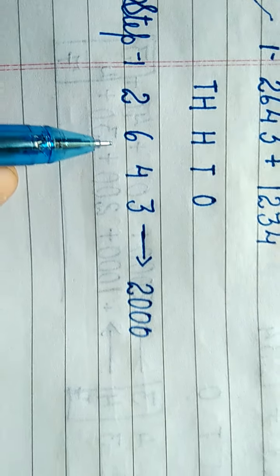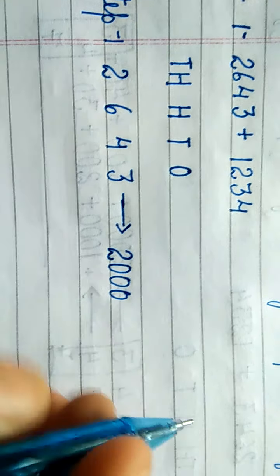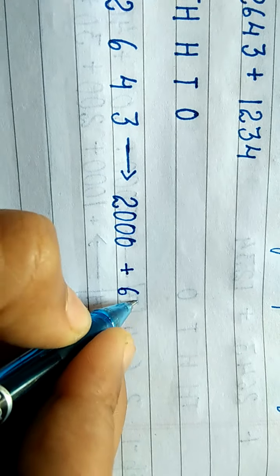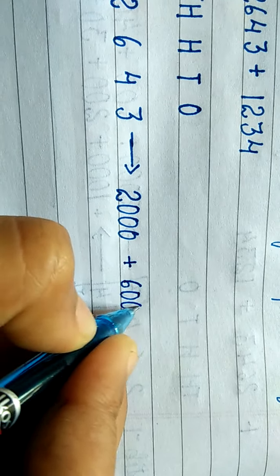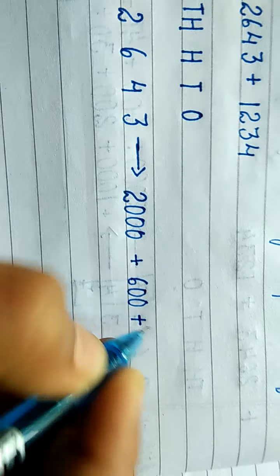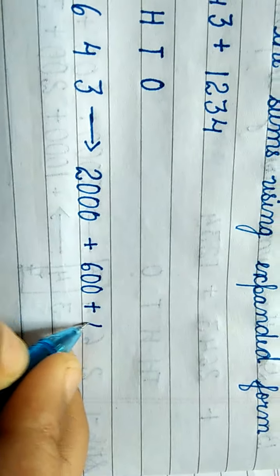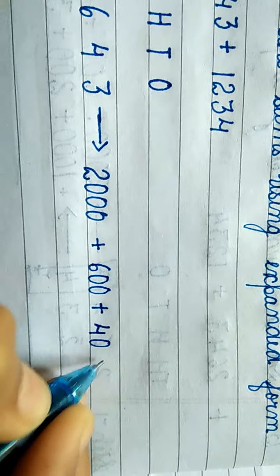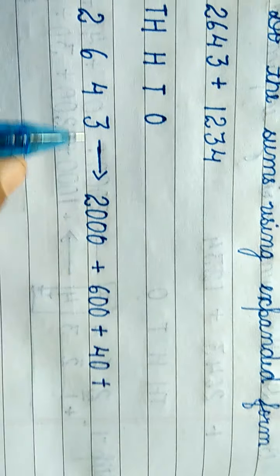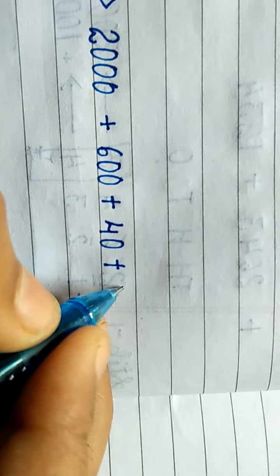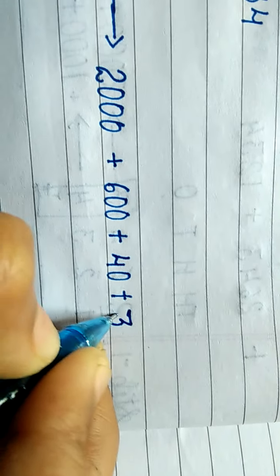And 6 is in which place? Hundreds. So we have to write 600. Next, 4 is in which place? Tens. Write 40. And 3 is in the ones place. So we will write 3.